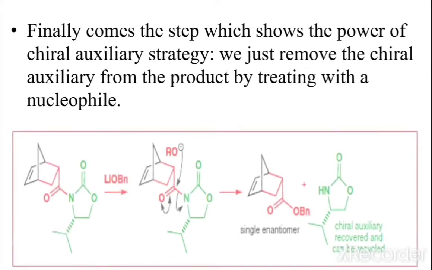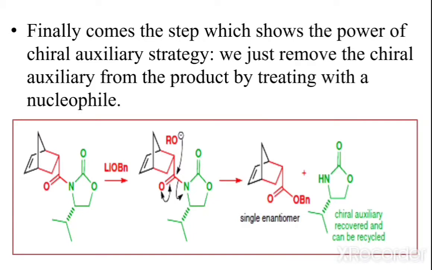In the last step, to complete the reaction, we remove the chiral auxiliary, and it is removed by treating with a nucleophile. Here the nucleophile, we can write LiOBn, sorry, this RO minus, acts as a nucleophile and attacks. The chiral auxiliary departs, and we get the single enantiomer, and the chiral auxiliary is recovered and can be recycled for the next reaction.